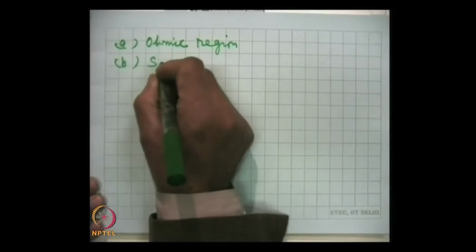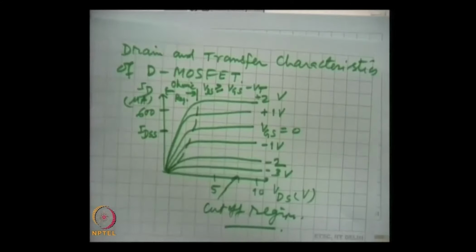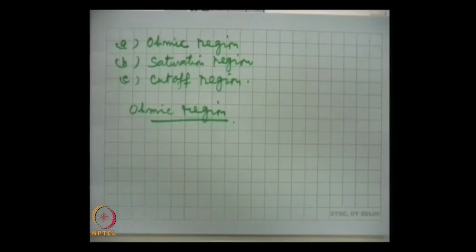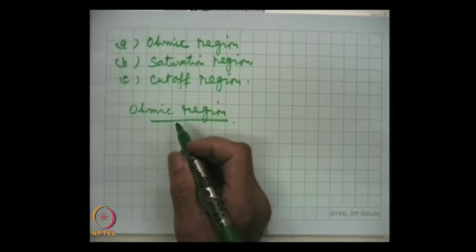Remember, on the left of this dotted line is the region which is called ohmic region, and obviously in the ohmic region the drain current varies linearly with the VDS, as we are seeing.